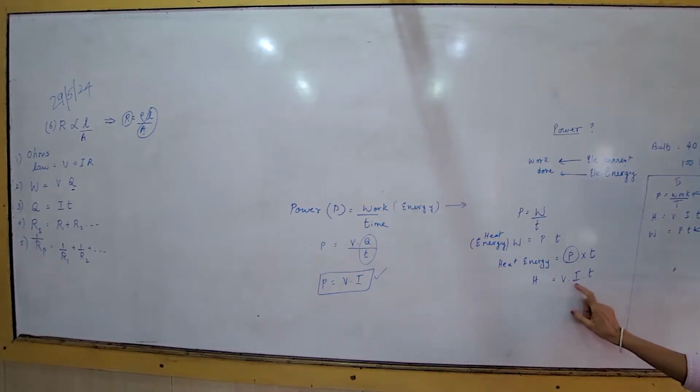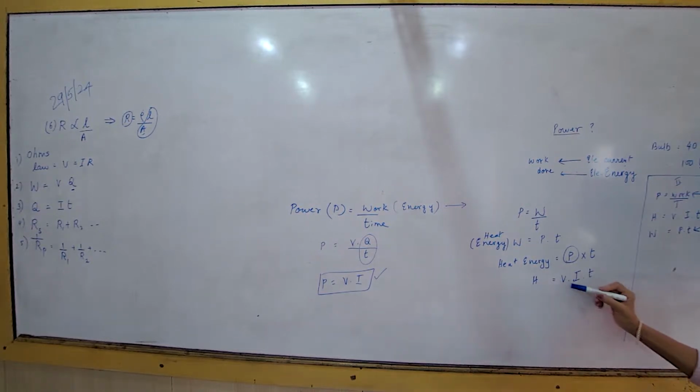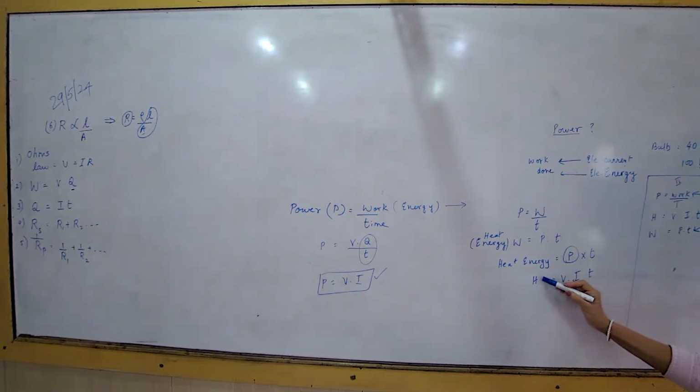Everybody, please look here. What does it tell us? Is it directly proportional or inversely proportional? Higher the voltage, higher the heat produced. More the current, more the heat is produced. If you supply it for more time, if you keep the gadget on for more time, more heat is produced. So all the three of them are directly proportional. Have you all followed?